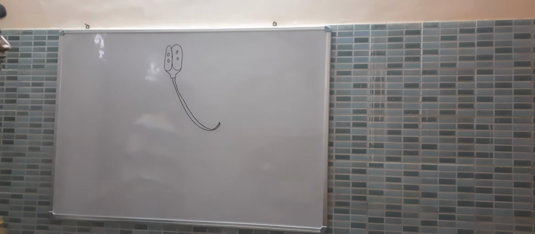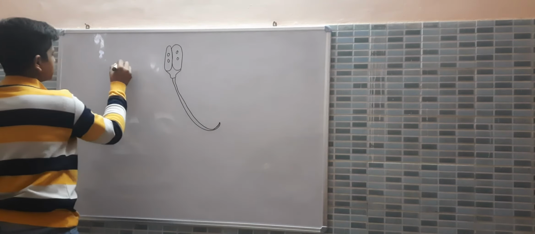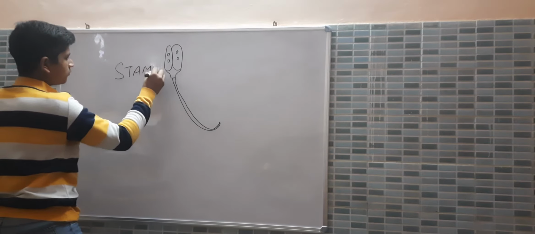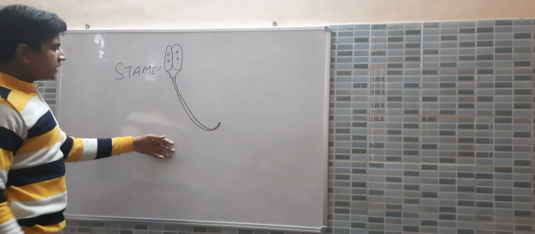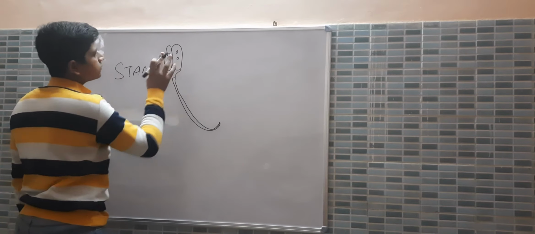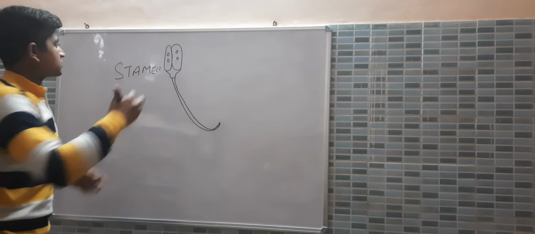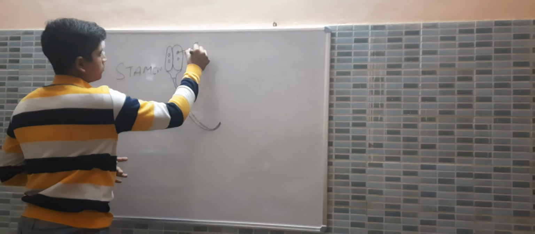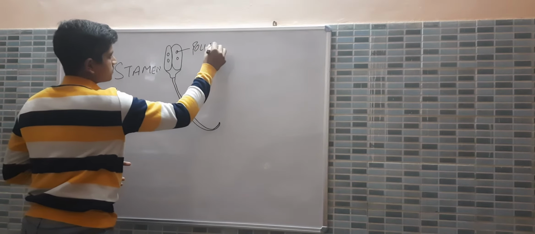So this is what the stamen is. This is the male reproductive organ. We can see that these four cell-like structures are called pollen grains.